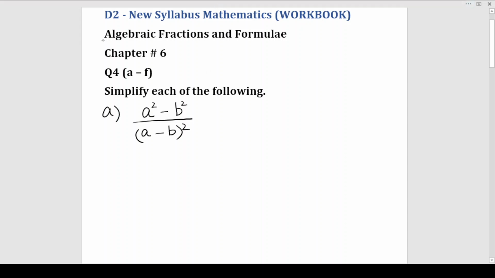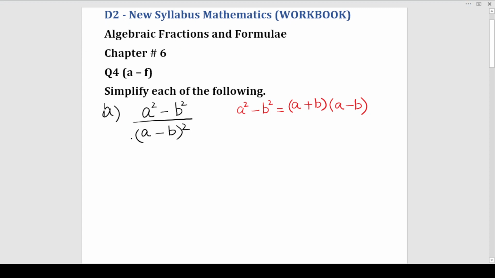One identity we can apply over here, that is the third identity, or third formula. That is a square minus b square is equal to (a plus b) times (a minus b). So we can just apply this in the question.